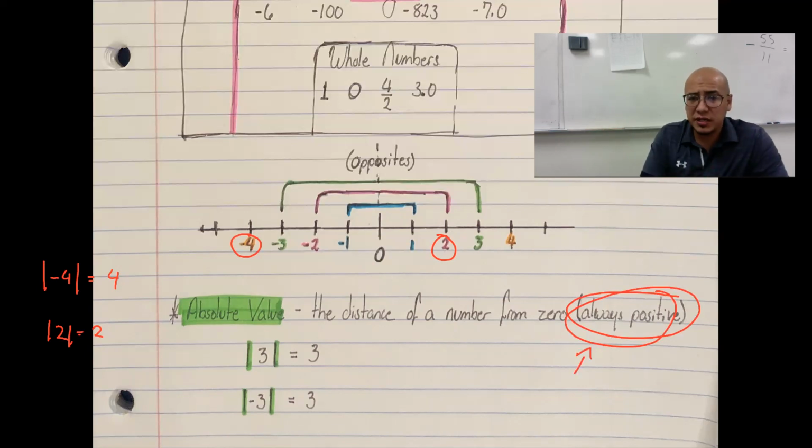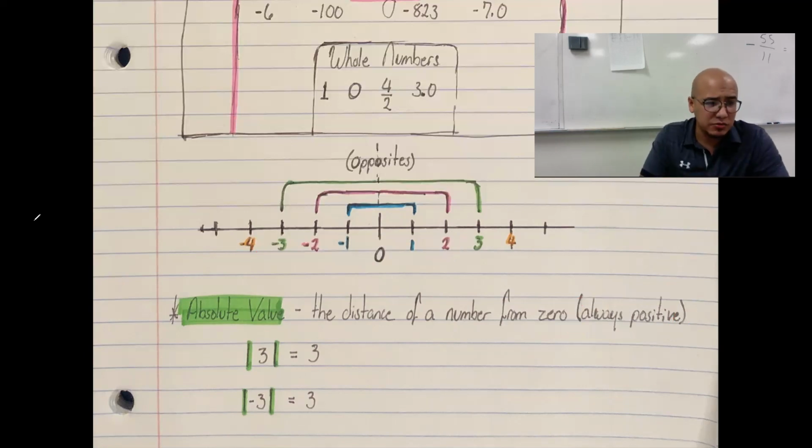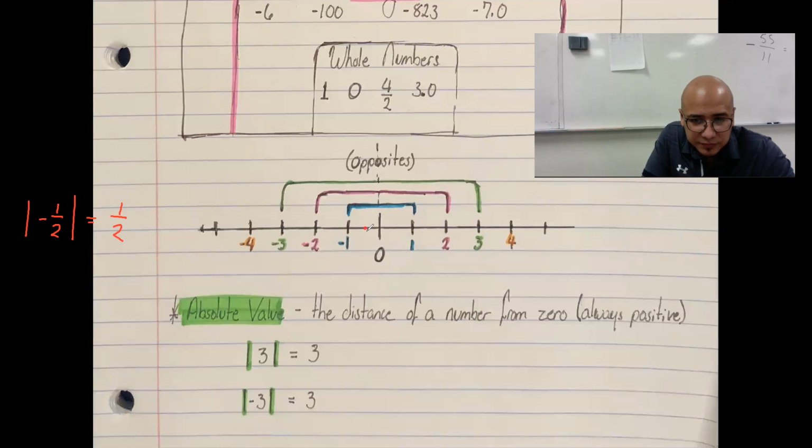And if they give you something like a fraction, it's the same thing. If they ask you, what is the absolute value of something like negative 1/2? Just mathematically, it's going to be the positive version of that. So it's going to be 1/2. Even though negative 1/2 is right over here, between 0 and negative 1, the absolute value is going to be a value of 1/2.